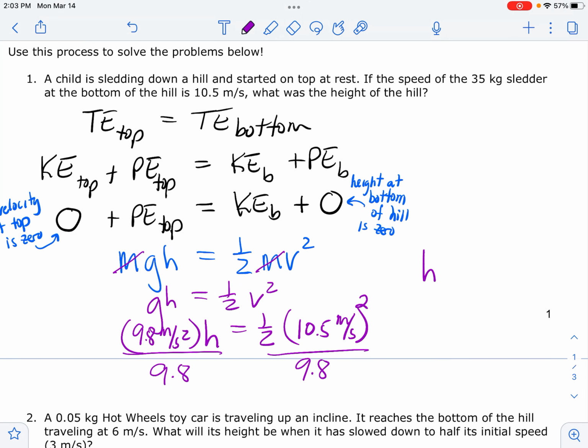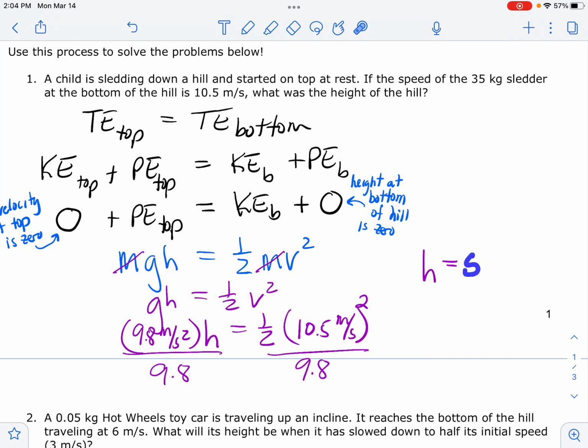Okay, and I get h equals, so you have to do a little bit of math here, right? You're going to want to square this first and then hit enter, then multiply by half and hit enter, and then divide by 9.8. So I'm going to do that now. 10.5 squared divided by 9.8.